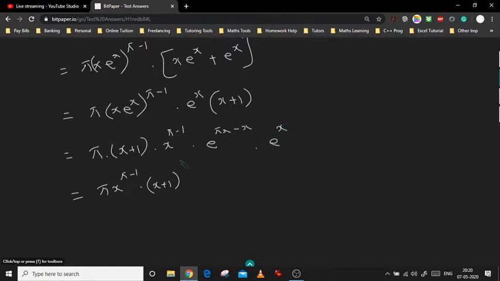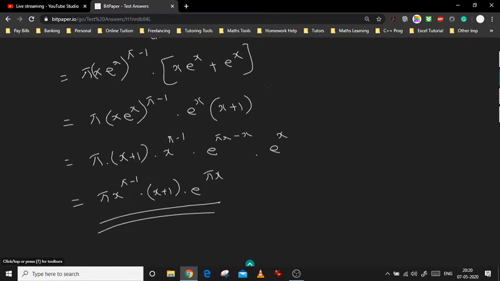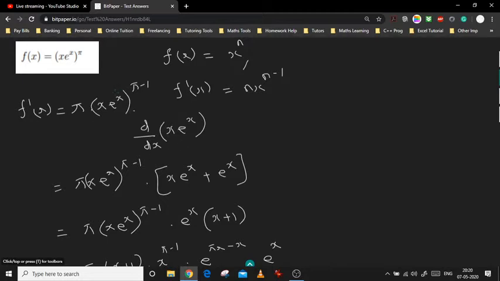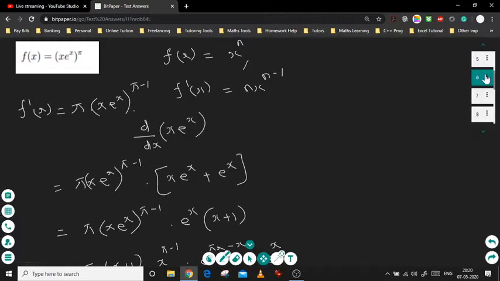So finally we will get e power pi x. This is the answer for this question. Basically we just have to apply the power rule as well as the chain rule when you differentiate x e power x. Okay, let's move to the next one.